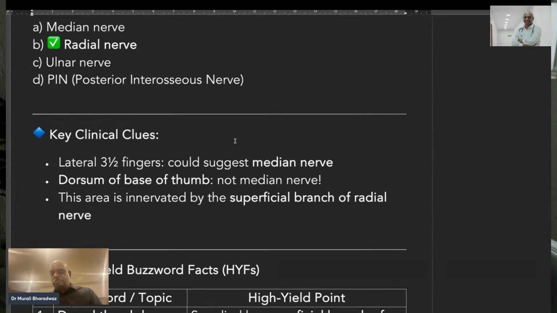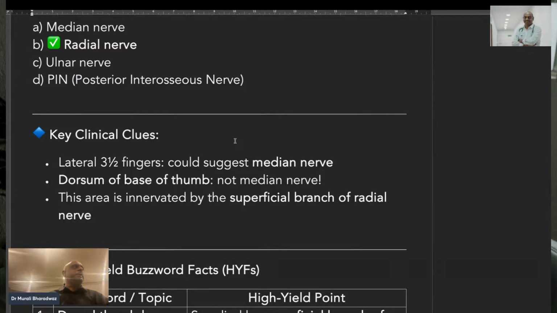Ulnar, radial, median, axillary, musculocutaneous. If these 5 questions don't come, I will cut my ear. Radial, ulnar, median. No, only these 5. Ask your friends to read other nerves, but 5: radial, ulnar, median, musculocutaneous, axillary, upper and lower brachial plexus palsy.